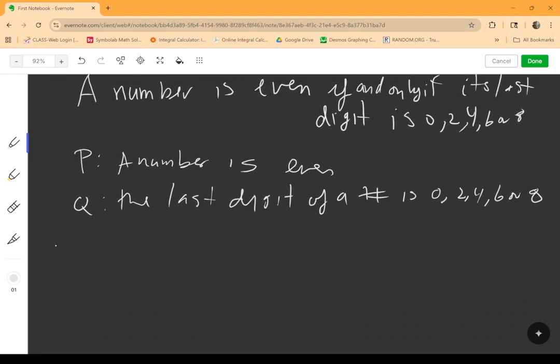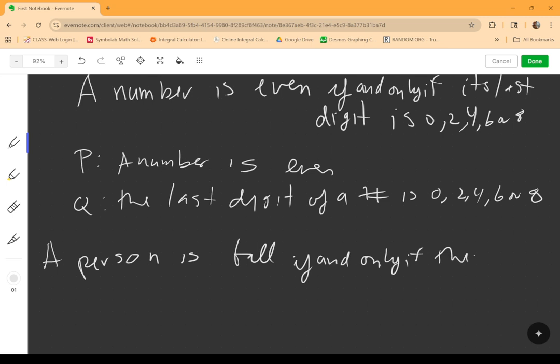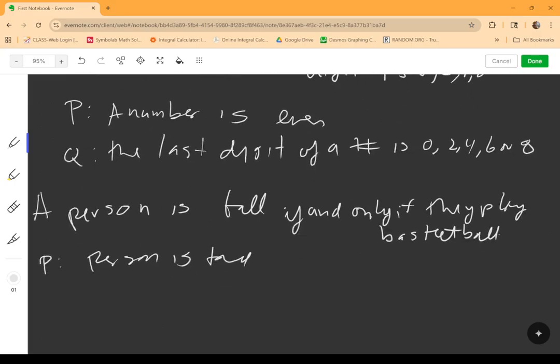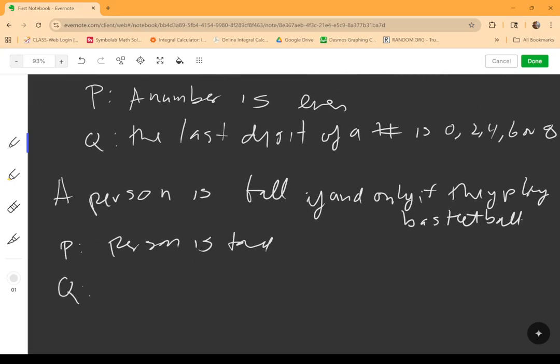Now keep in mind that just putting if and only if doesn't guarantee it to be true. So let's say an alternate statement: a person is tall if and only if they play basketball, where P is the person is tall and Q is the person plays basketball.